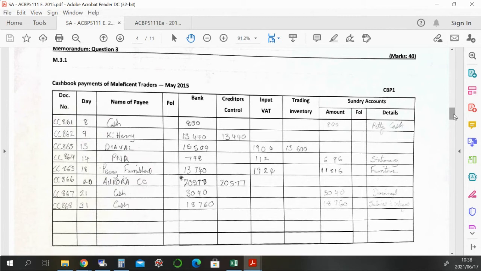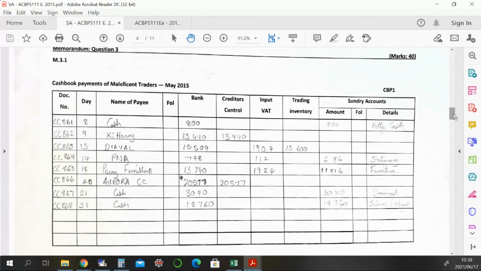On the 13th, it says cash purchase of trading inventory for 17,227 less 10% trade discount. Immediately we calculate what this amount is exclusive of the discount, the 10%, and that's going to your cash payments journal. Then again we see CC, cash purchase of stationery, cash payments journal.